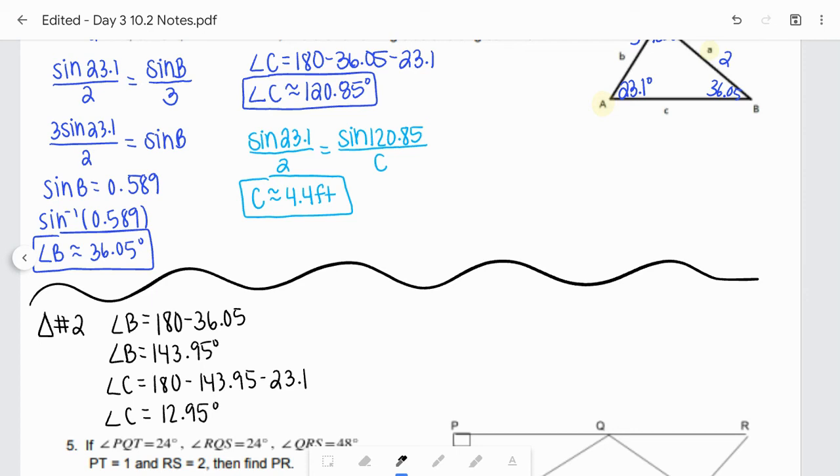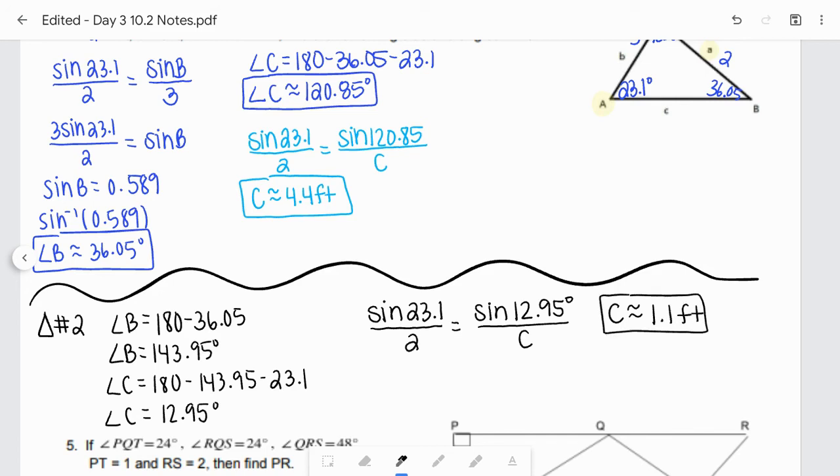So now we can go ahead and find out what side C is going to be with our new angle C. So I would take sine with our given, so our 23.1 in our given side, which was 2, and that is equal to sine with our new angle C, so 12.95 degrees, and we would divide that by C. So once again, when we do some cross multiplication, we find out that C is approximately 1.1 feet. So this is one of the cases where we do actually have two triangles.